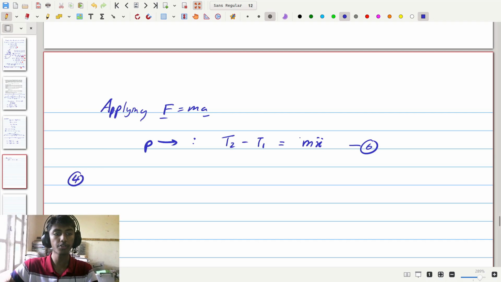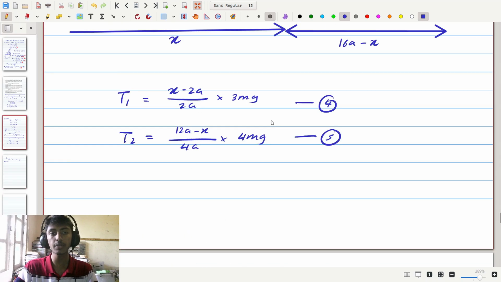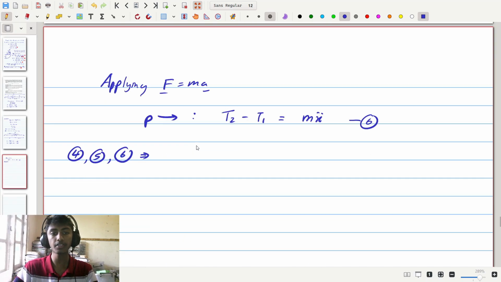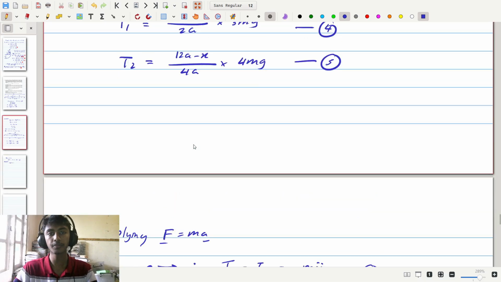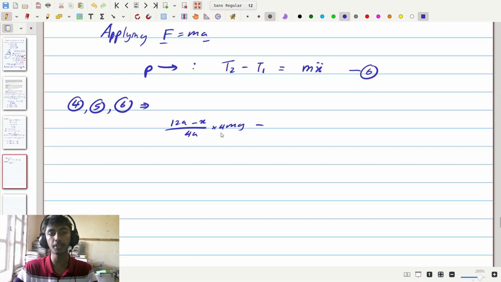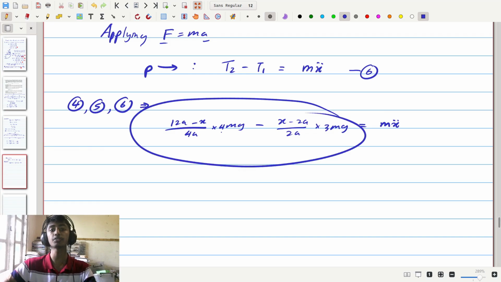So we're going to combine 4, 5 and 6, and if I do that I'm going to get T2 minus T1, which is going to be 12a minus x divided by 4a times 4mg minus x minus 2a divided by 2a times 3mg, equal to m x double dot. Now here I can see I can immediately cancel the m from here, here and here, leaving us with x double dot on the right hand side and a bunch of stuff on the left hand side.